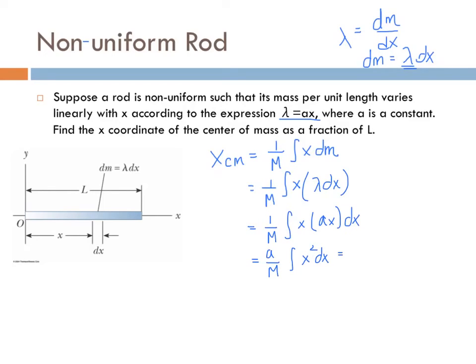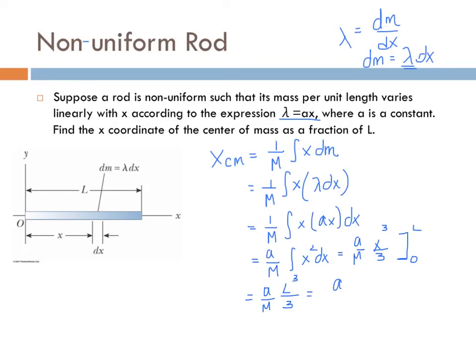So the integral of x squared is x cubed over 3, and we're evaluating this from 0 to L. Cleaning all of that up, we get L cubed over 3.